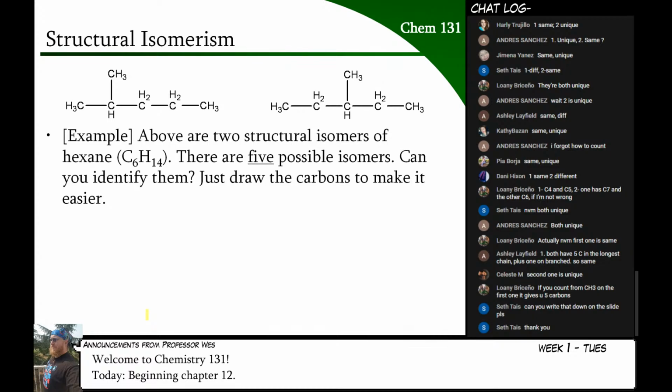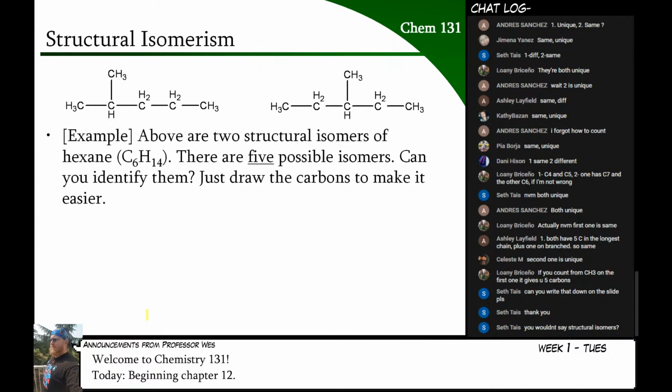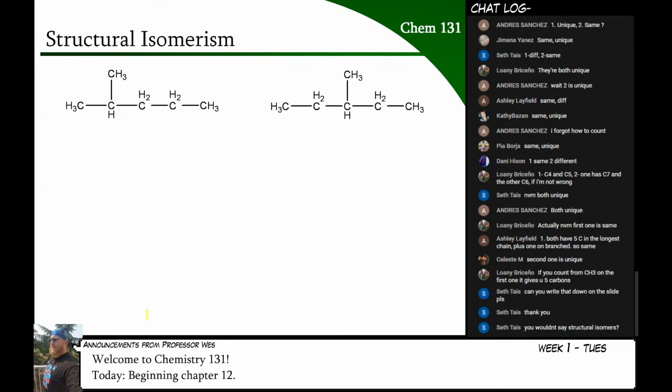All right. Now, let's suppose I wanted to draw all of the possible isomers. Sorry, I think I was behind or ahead there. Let me just clear that off the screen real quick.